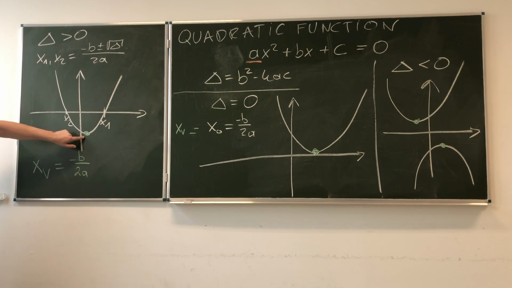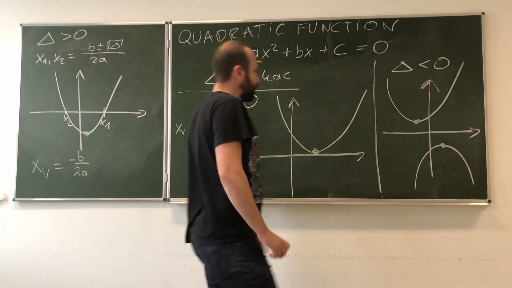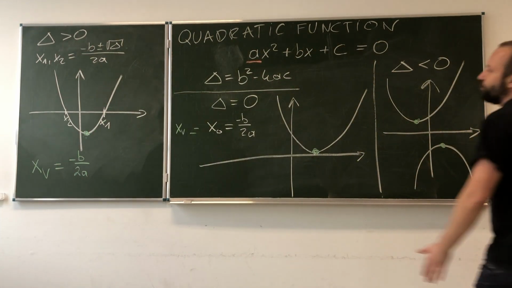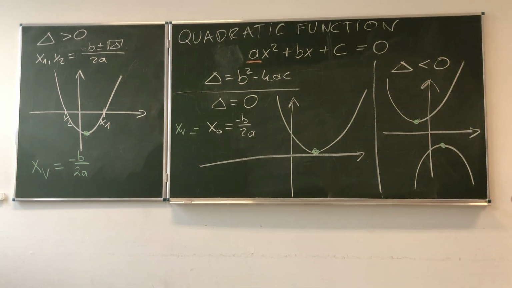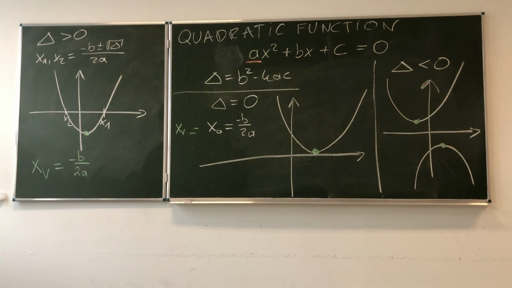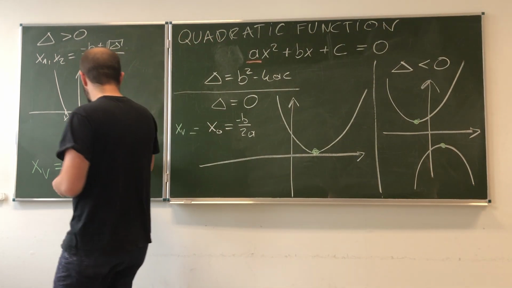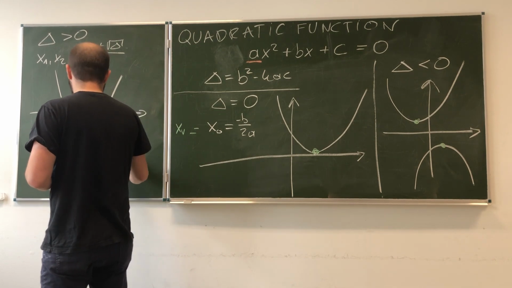This must be our vertex. And the vertex, with this formula, can be calculated for any case, but of course, in this case, with 0 delta, it is unnecessary.